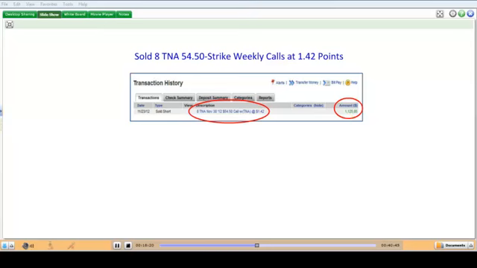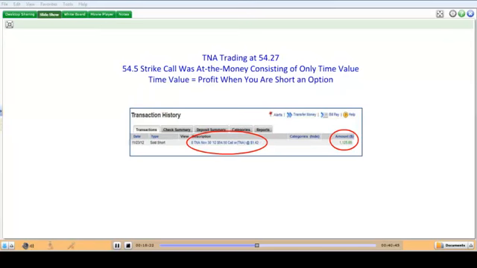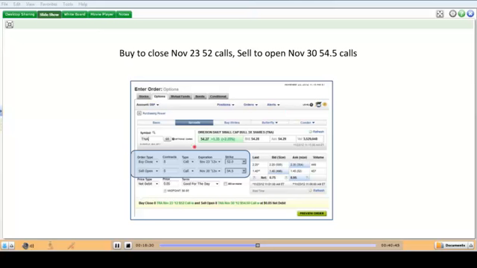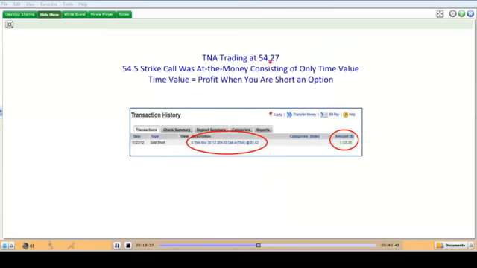So with TNA trading at 54.27, you can see right here it was trading at 54.27. So if it's trading at 54.27 and I sold the 54.5 strike call, that's higher than where the ETF was trading.